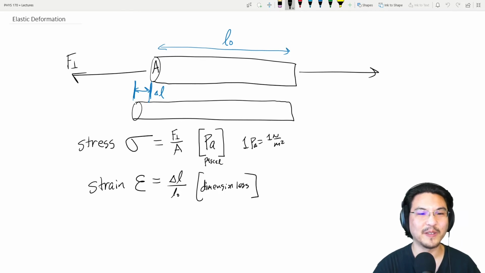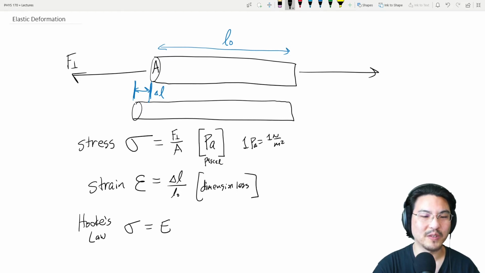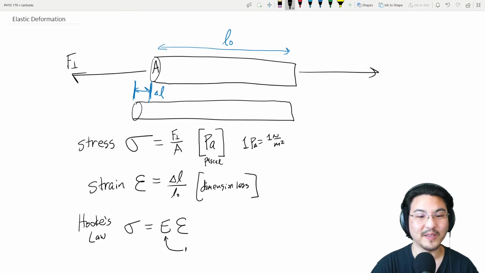Okay, so we have these two definitions, and now one formula, which is Hooke's law, which is stress is proportional to strain. And this constant of proportionality is called the modulus of elasticity.